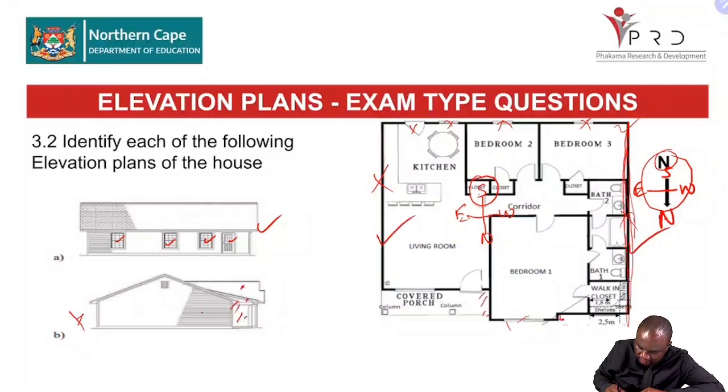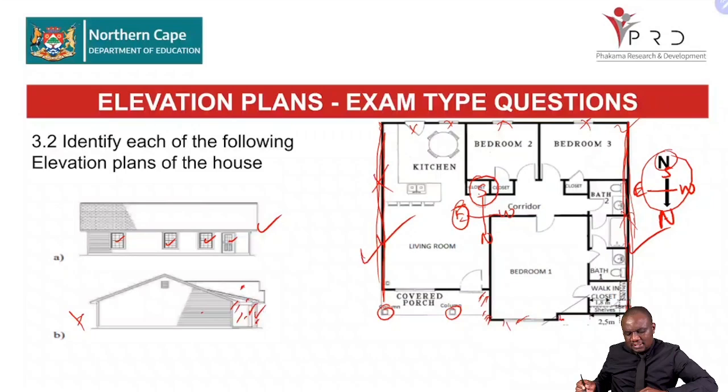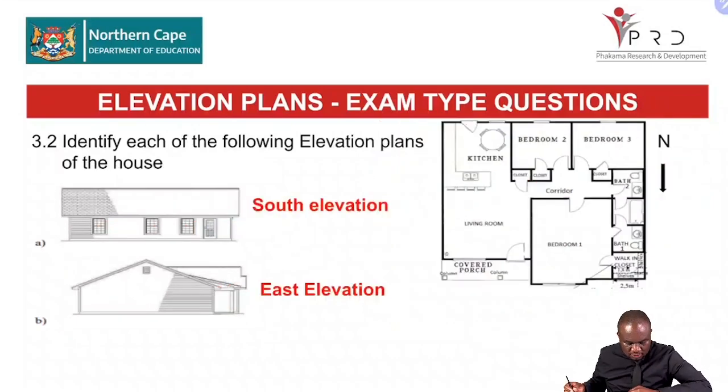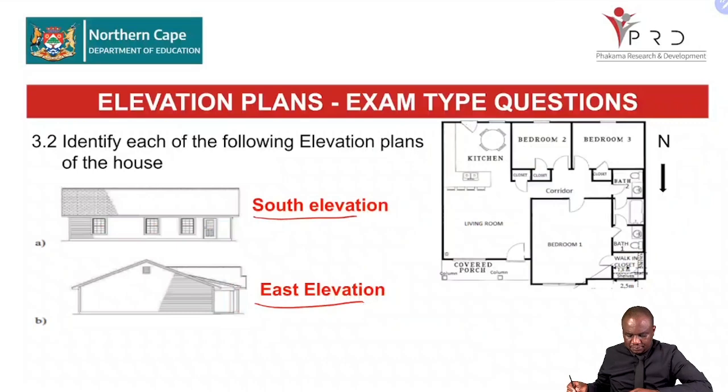You see this corner here, so it means this elevation is this side. This is the side I'm looking at. And then where is it? East. That's east elevation. And the pillars here, you can see the pillars. These are the columns. So this is the side, definitely. So that is the east side. So we have the south elevation and east elevation. Take note of the compass before you do anything.